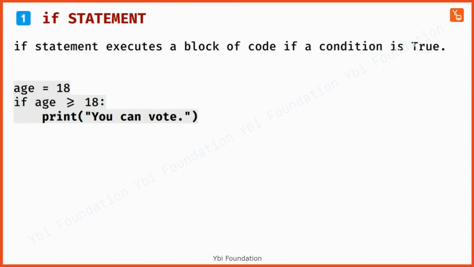The second line, the print line, starts after some space. So we say if age is greater than or equal to 18 colon, then print you can vote. Since the age of the person is 18, which is greater than or equal to 18, the output will be you can vote.